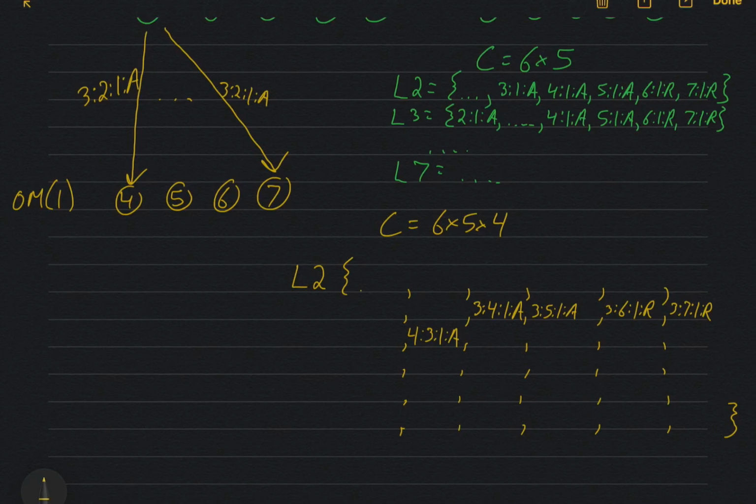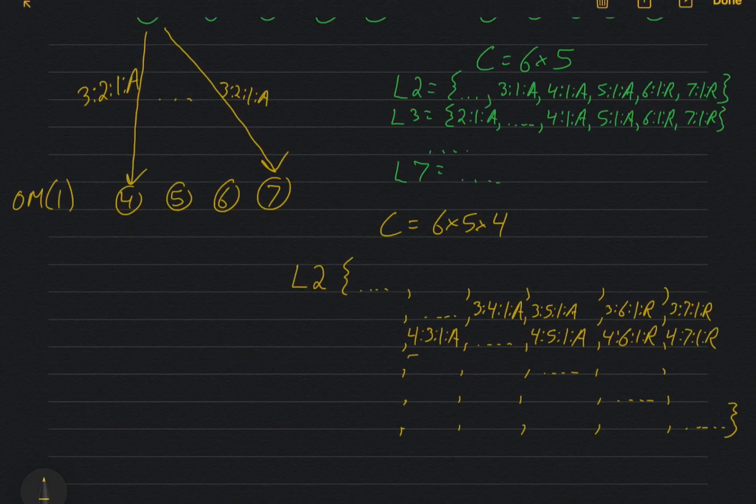Now the diagonal is going to be empty, because those would be the values where, for example, 4 said that 4 heard from 1, and we're not sending those messages, so we skip that, and we get 4 heard from 5, heard from 1 to attack, 4 heard from 6, from 1 again to retreat, because 6 and 7 are liars.